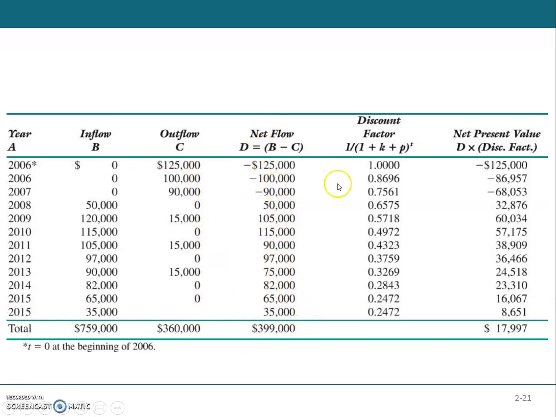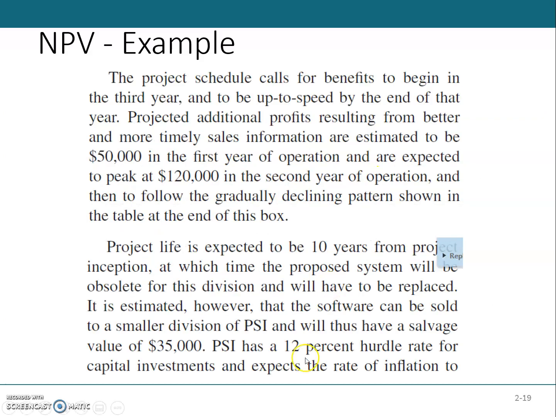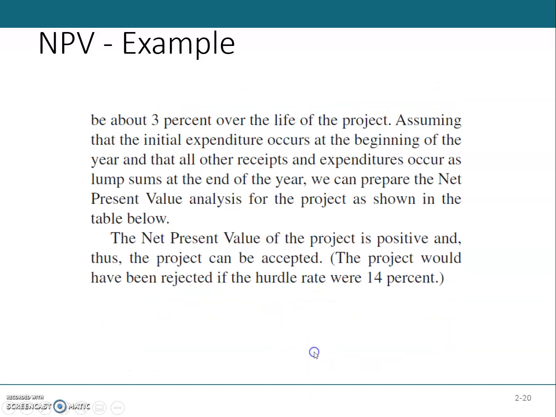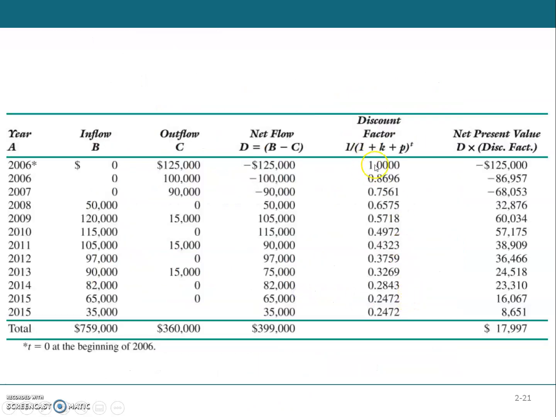So these net cash flows will be multiplied by the discount factor. The discount factor is 1 over (1 plus K plus P) to the power T, where K is the hurdle rate, 12%, and P is 3% for inflation.